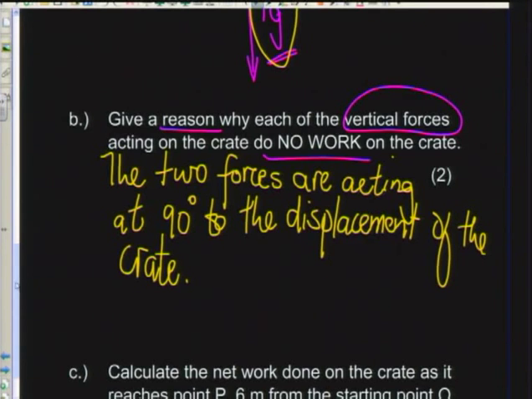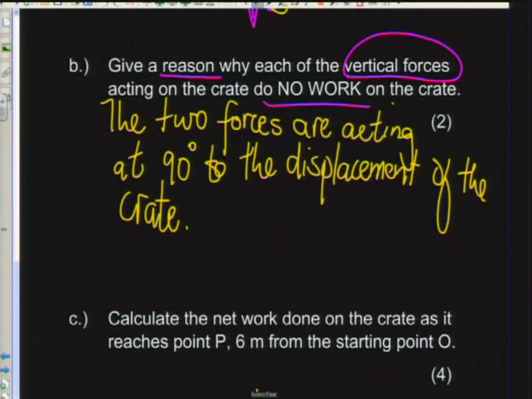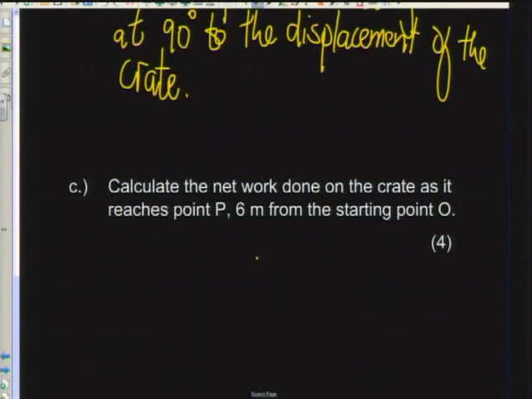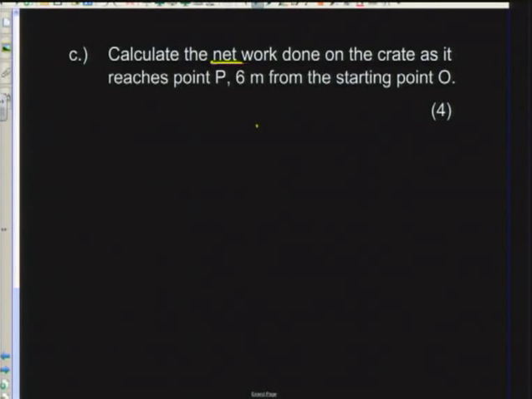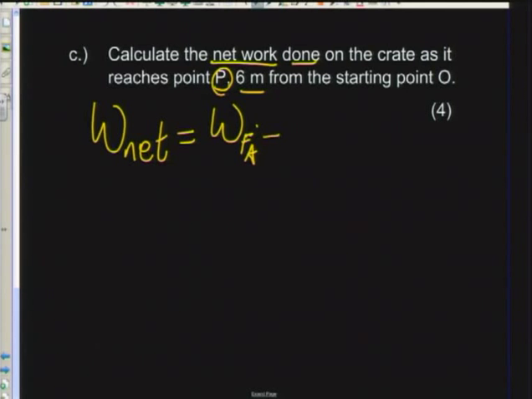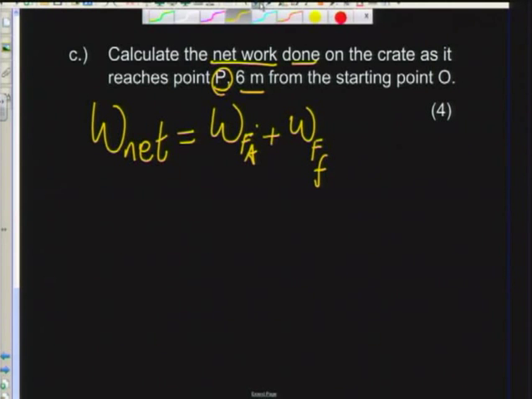Okay? Now the next question. Calculate the net work done on the crate as it reaches point P, which is 6 meters from the starting point. Now, the net work should be the work done by the applied force plus the work done by the frictional force.